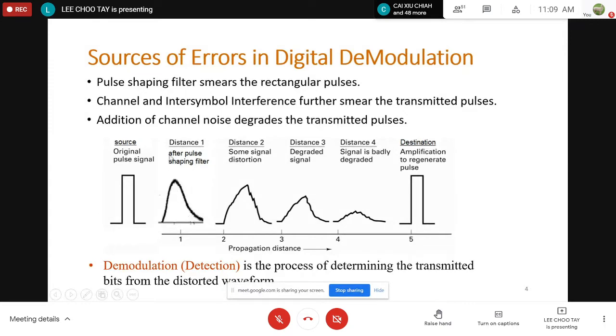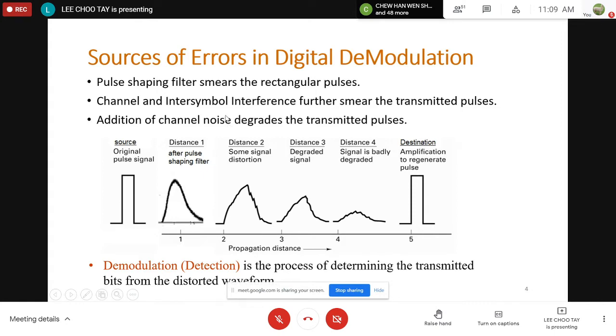When these pulses are sent through the channel, the channel is also acting like a filter, basically like a band pass filter.